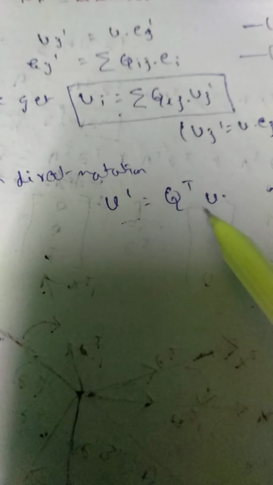This is how we relate the vector in the primed system in terms of the vector in the unprimed system: V dash equals Q transpose into V.